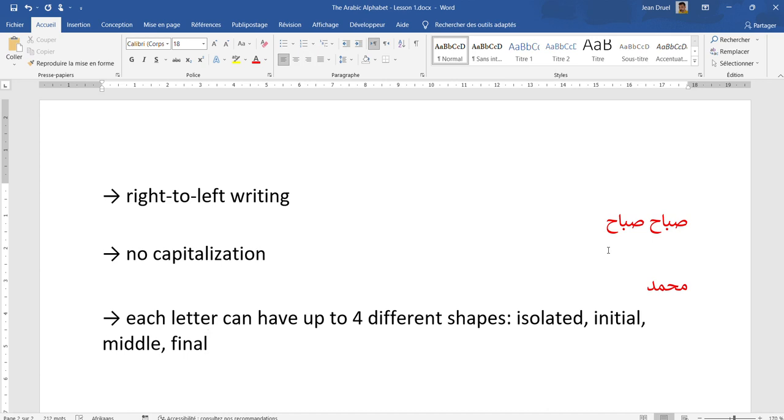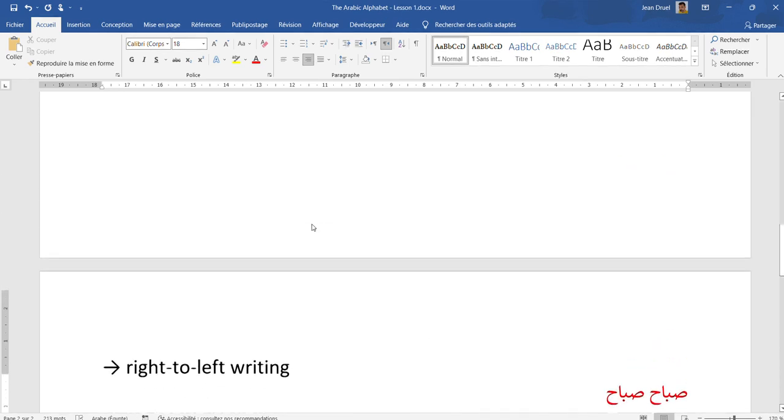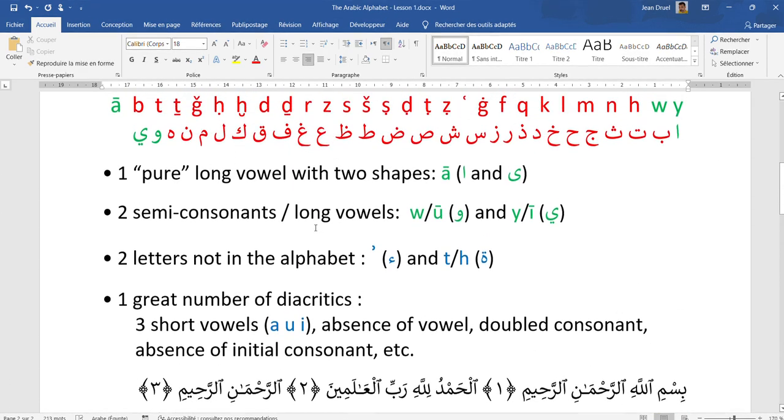And then the last remark, and we will focus our effort on it during the coming lessons, is that whenever you learn an Arabic letter, you have to expect 4 different shapes. So, for example, if I write that letter, this is the isolated shape. When it's alone, that's the shape that I gave above in the list of consonants.